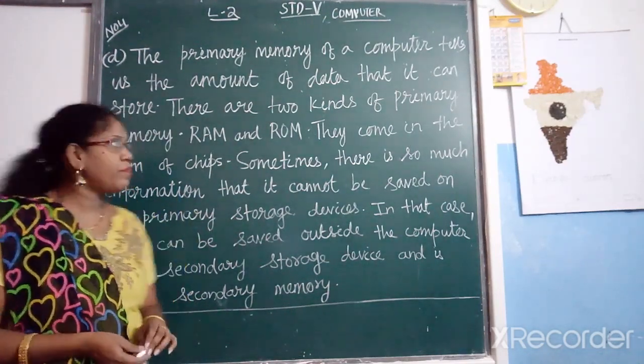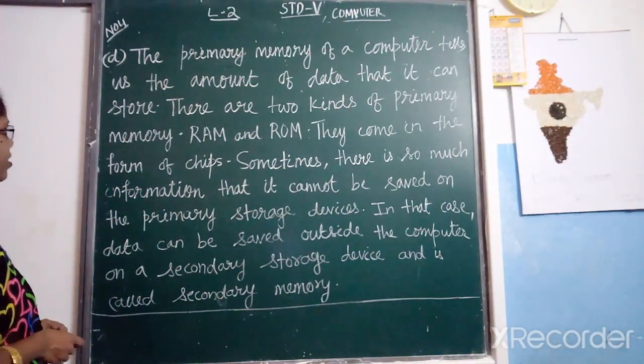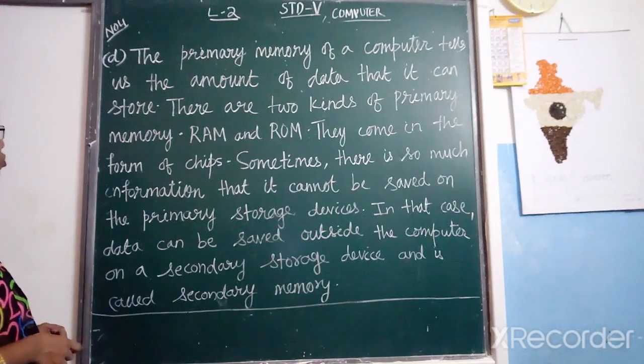Please listen carefully. The primary memory of a computer tells us the amount of data that it can store. There are two kinds of primary memory, RAM and ROM. They come in the form of chips. Sometimes there is so much information that it cannot be saved on the primary storage device.